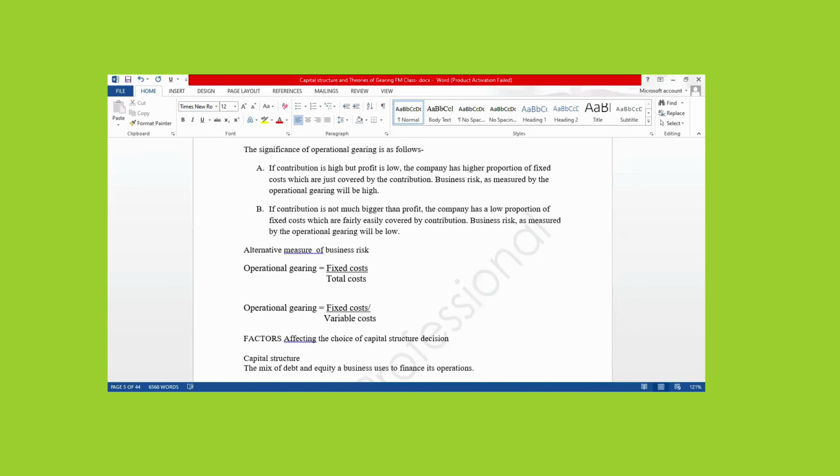What are we trying to discuss here? Should I finance my business with equity? Or should I finance my business with debt? Or should I finance with a combination of equity and debt, and in what proportion?